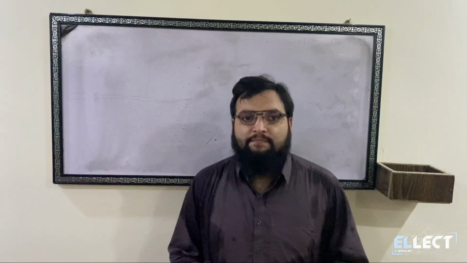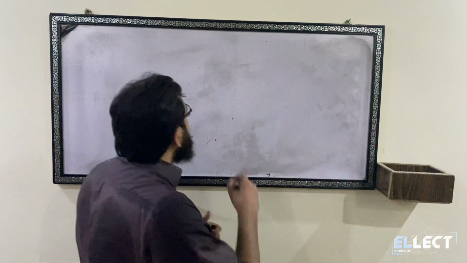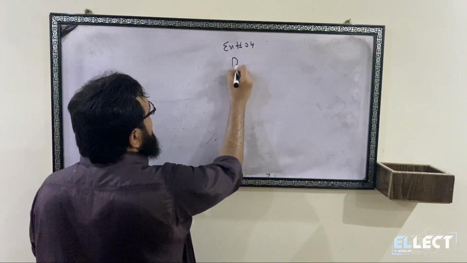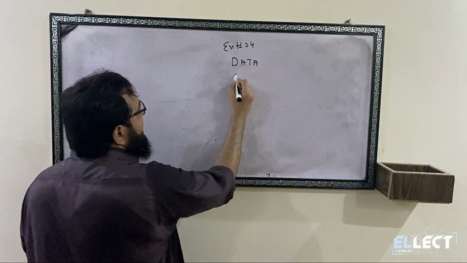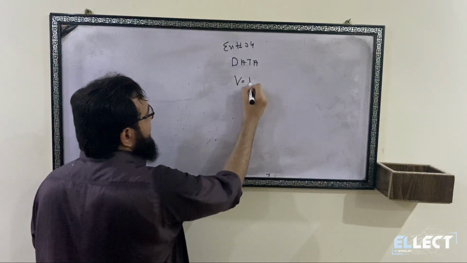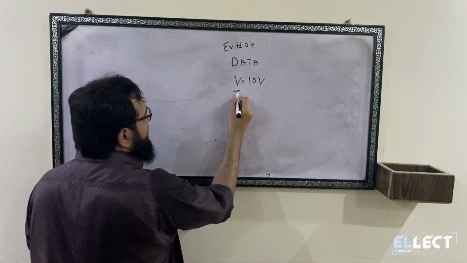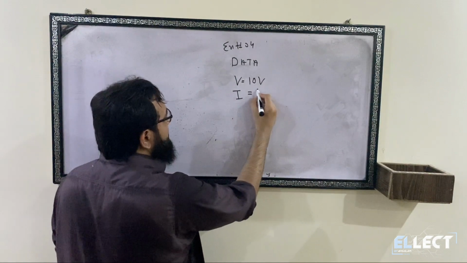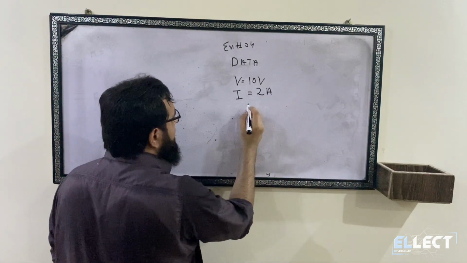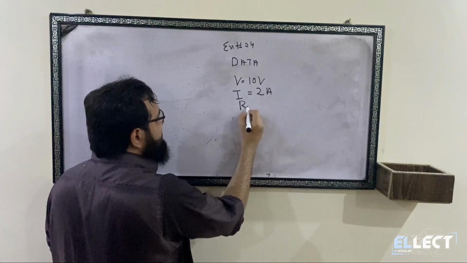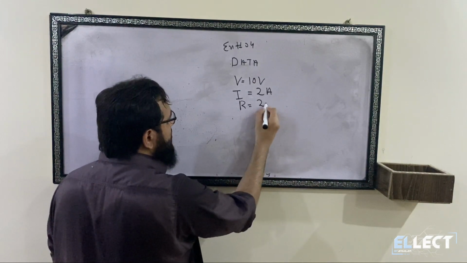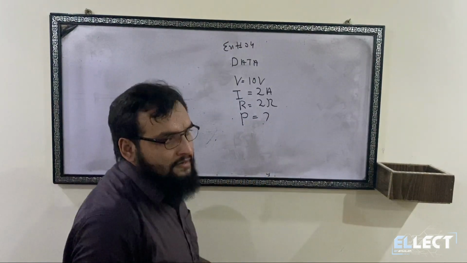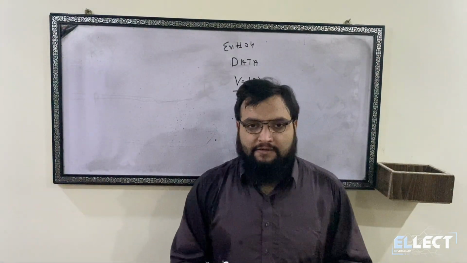Now another example according to Ohm's law: the data of the circuit is given that the voltage across the circuit is 10 volts, the current flowing through the circuit is 2 ampere and the rating of the resistor is 2 ohm, we have to find the power in that particular circuit.